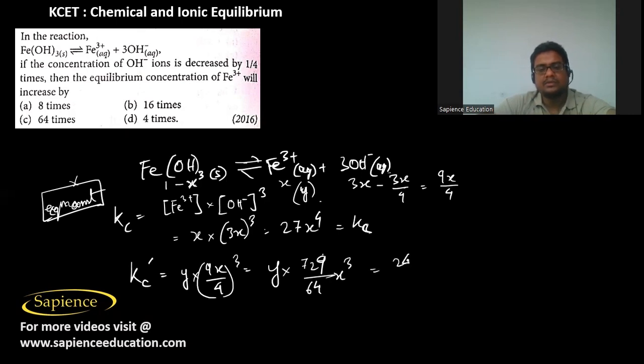So that should be equal to 27 x power 4. So x power 4 will cancel. Then this will be 27. So y will be equal to 64x by 27.